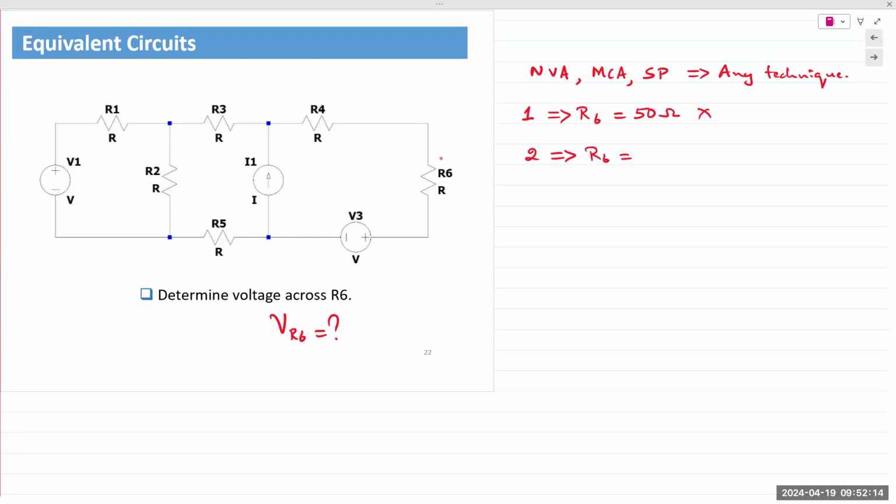This time R6 is perhaps 40 ohms, let's say, or maybe 30. That still doesn't work. So maybe you go through a third analysis, and you keep applying values, performing multiple analysis techniques until you actually find a value for R6 that works for your spec.